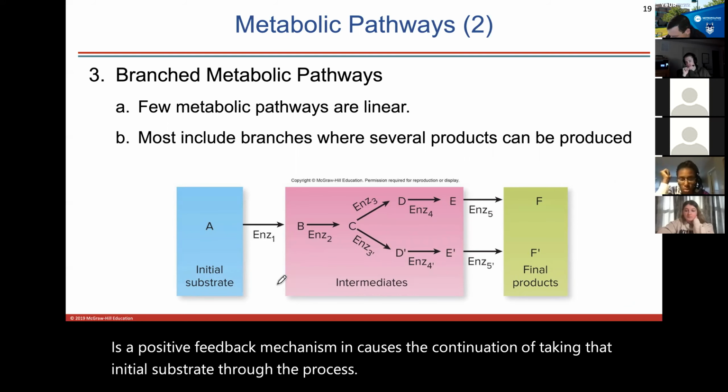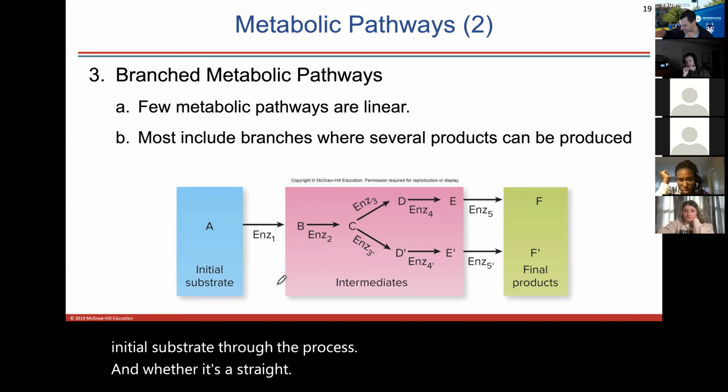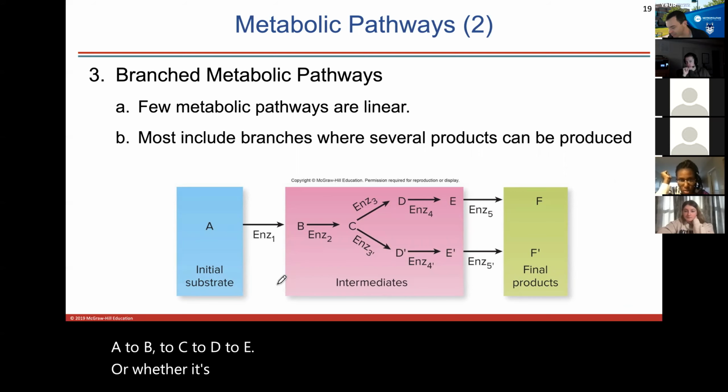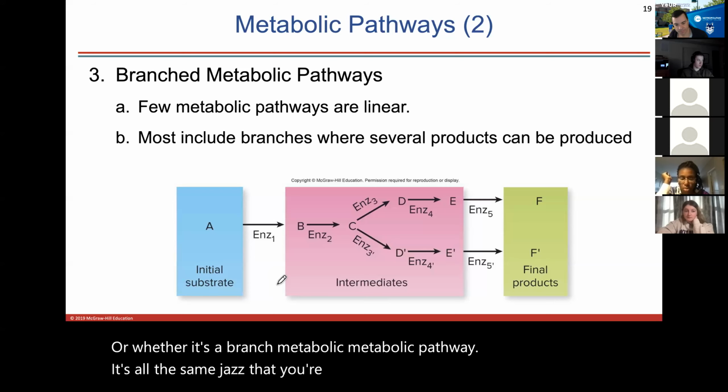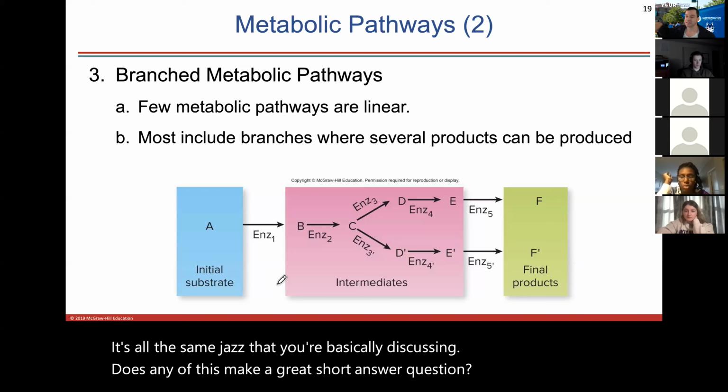And whether it's a straight A to B to C to D to E, or a branched metabolic pathway, it's all the same thing you're basically discussing. Does any of this make a great short answer question? At least not these slides.